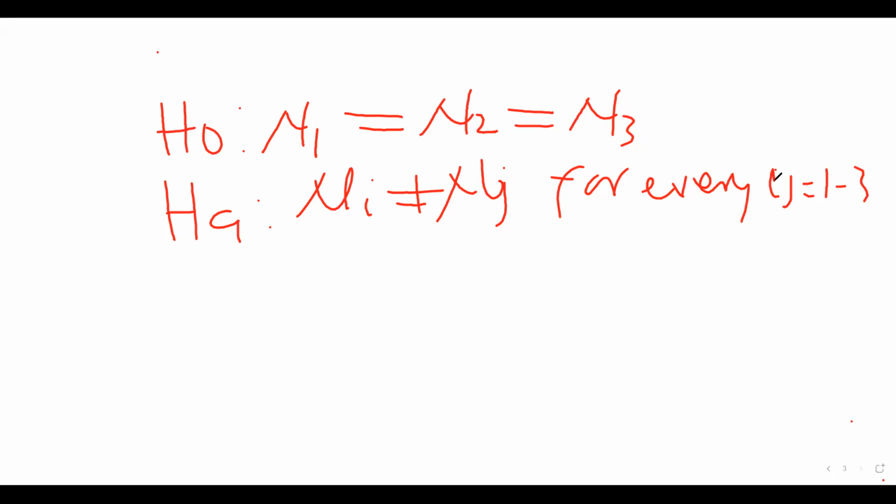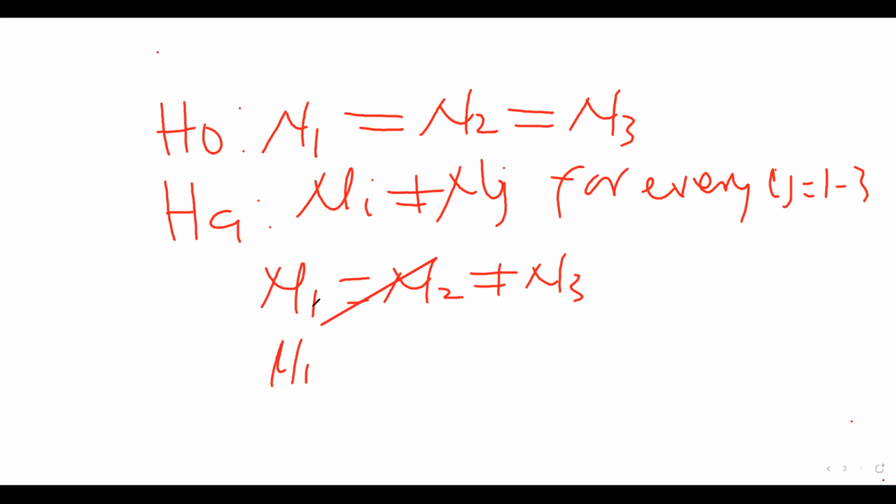So what the alternative is saying is that even if one of them is different from the others, it is an alternative to the first one. So you can have mu1 equal to mu2, however that will not be equal to mu3. It's one of the alternatives. Or you can have mu1 not equal to mu2, but mu2 is equal to mu3.